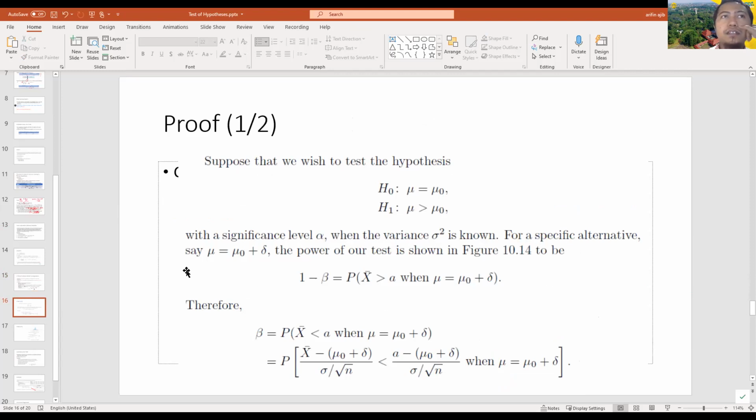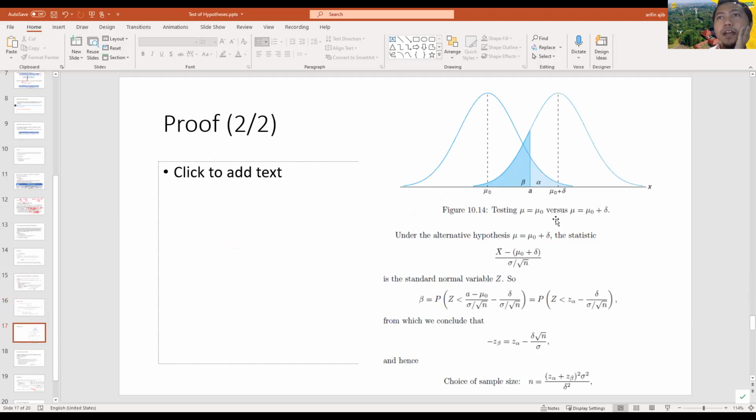For the specific alternative, we say that mu is mu 0 plus delta, that's the gap. The power of our test is shown in the figure. For the type 2 error, we compute it like this, and therefore the type 2 error is equal to this one given by the critical value here. And then we arrive at this formula.